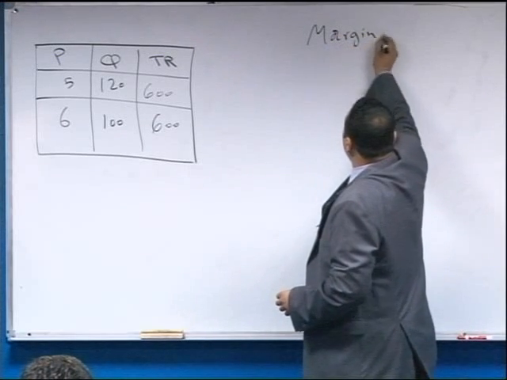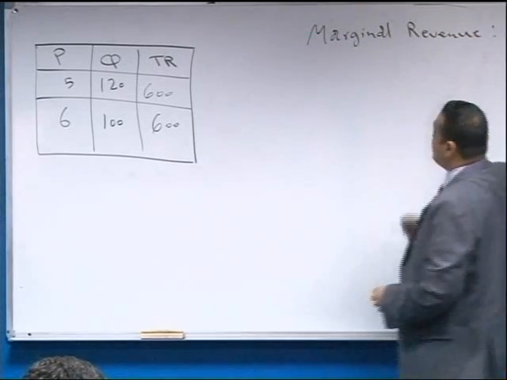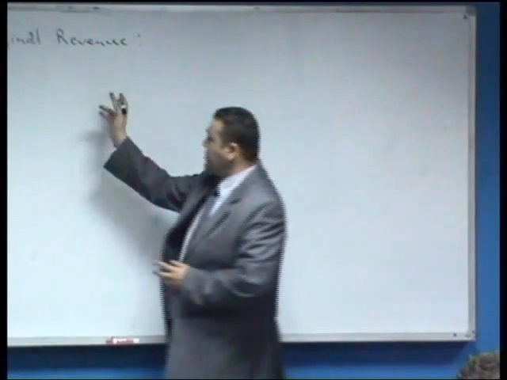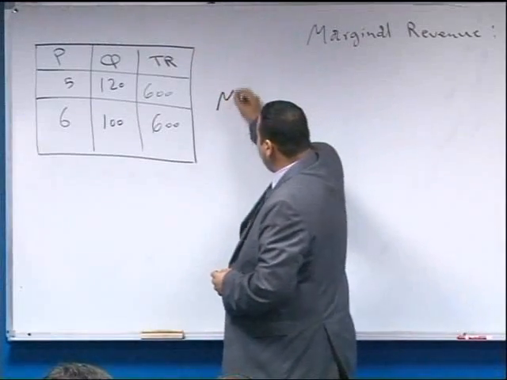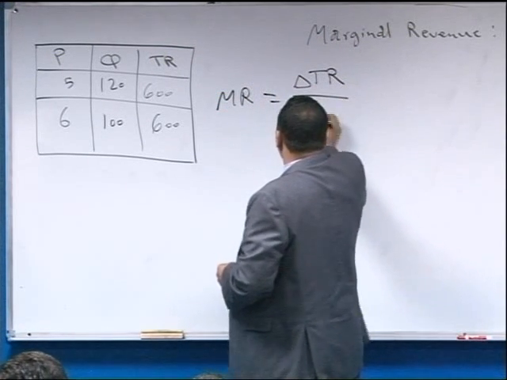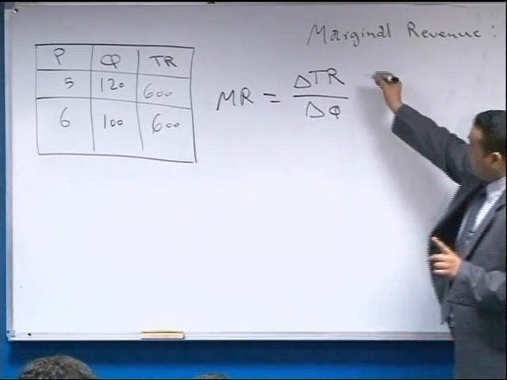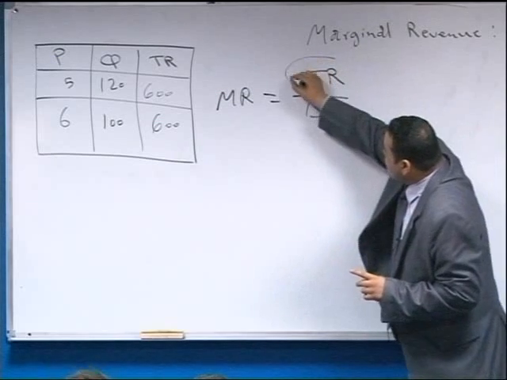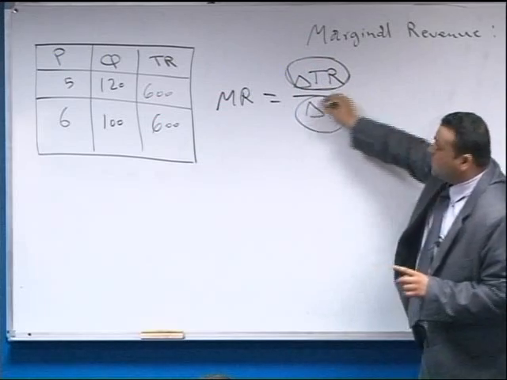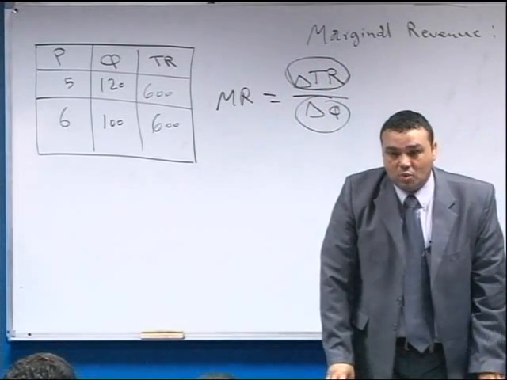Marginal revenue means الإيراد الحدي. The marginal revenue, MR, equals delta TR over delta Q, or it's the ratio of the change in total revenue as a result of an additional change in the quantity sold, right?